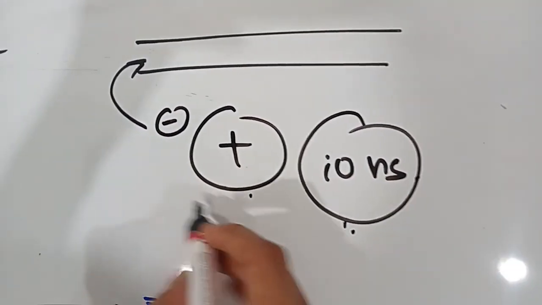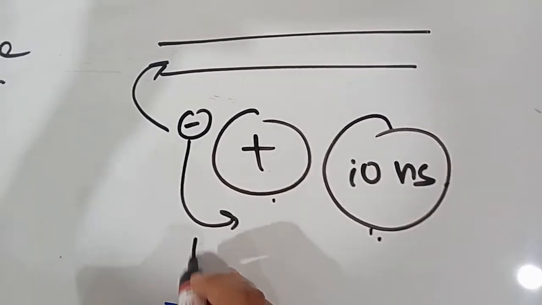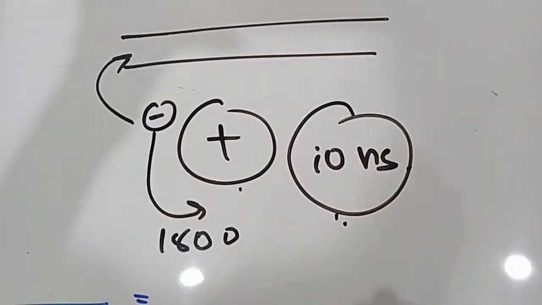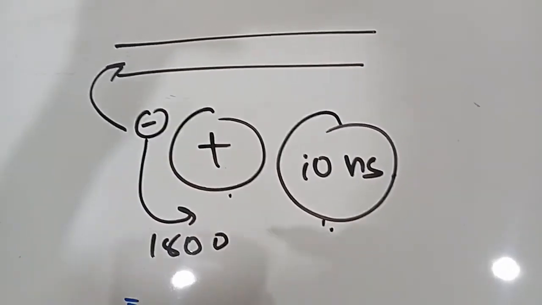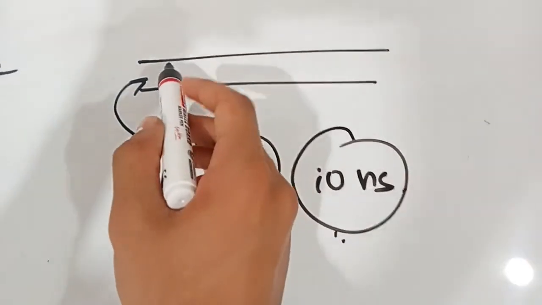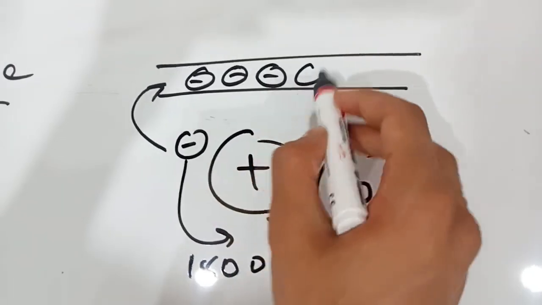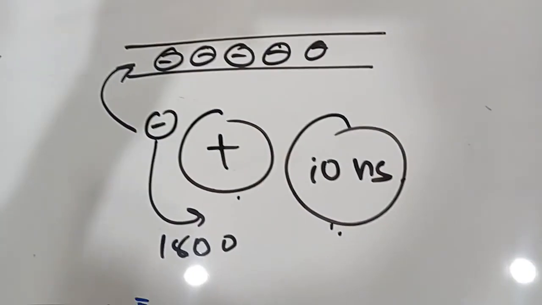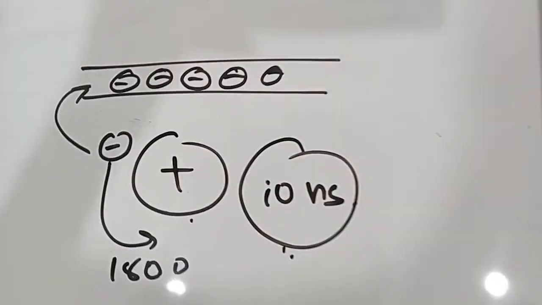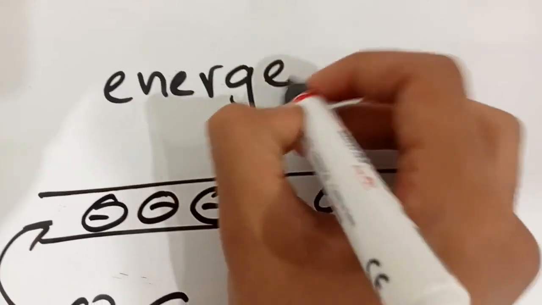Just to give you a scale, the electron is 1,800 times smaller than the proton. And so when it comes to pushing things through a wire, the easiest option is electrons. Electrons are the easiest to push through a wire. There's a term for this, and the term is energetically favorable.